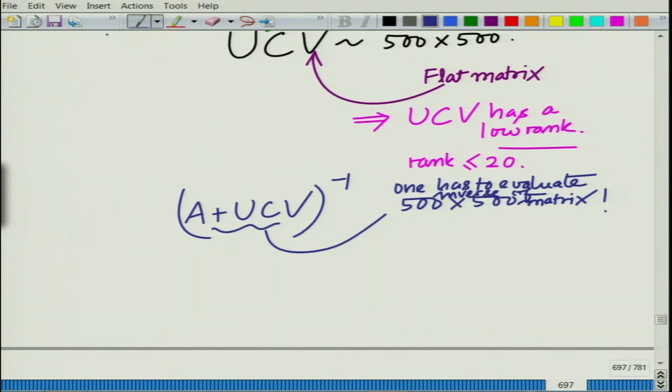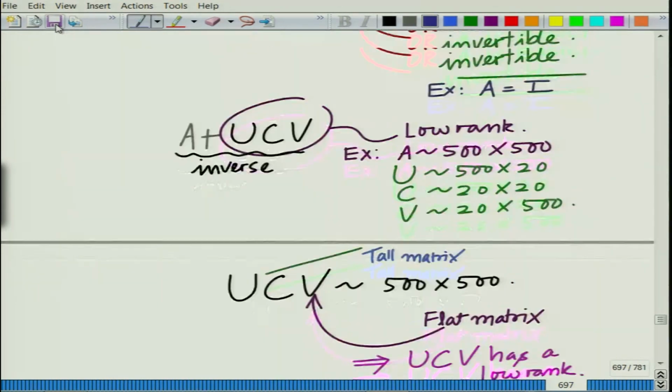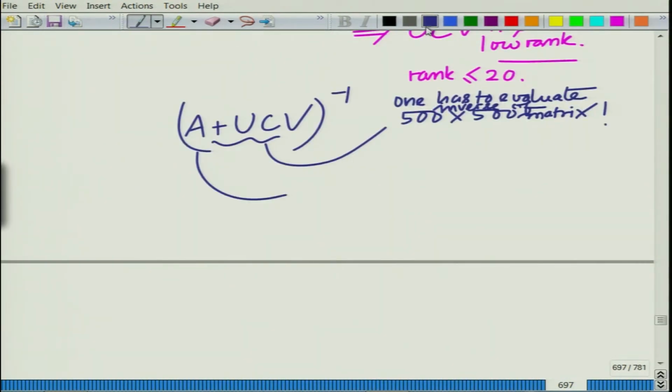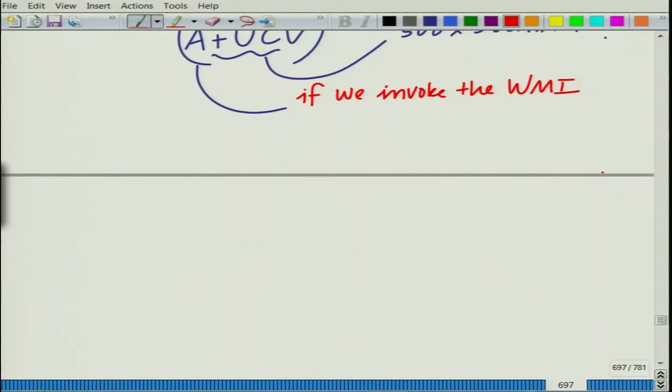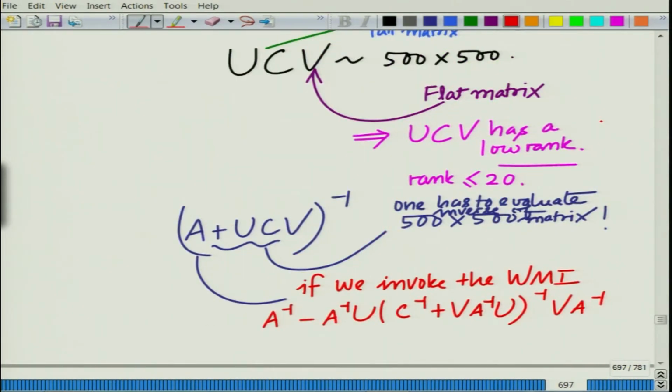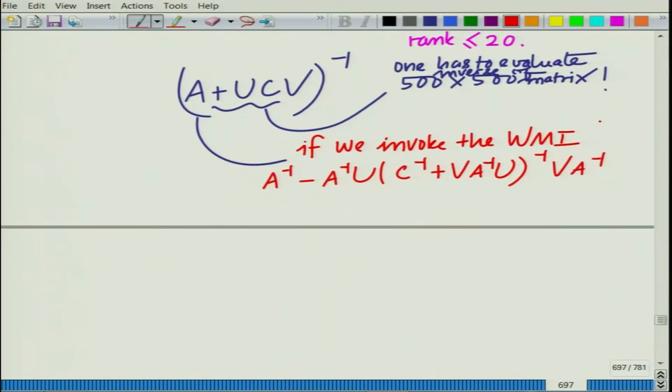On the other hand, if we invoke the Woodbury matrix identity, that is, A inverse minus A inverse U times C inverse plus V A inverse U inverse, times V A inverse, one has to only evaluate this inverse.